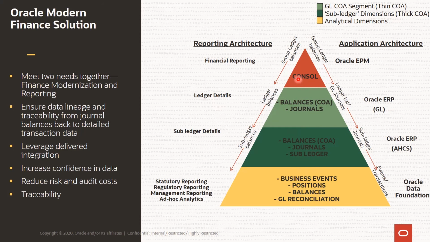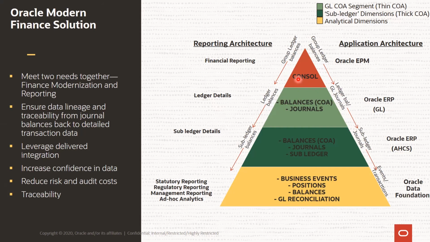Now, this design takes care of both finance modernization and reporting needs. What this means is it clearly supports the finance modernization need of a thin chart of accounts for a faster financial close, and also a thick GL design for detailed management reporting and financial reporting.